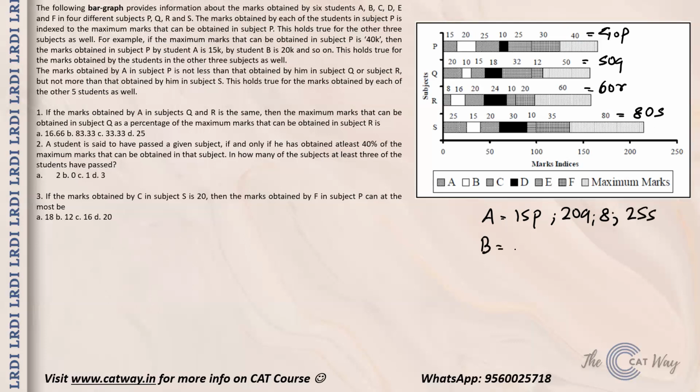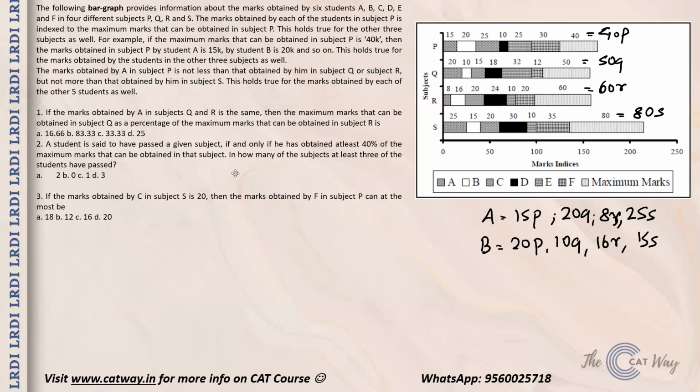Similarly for B, you have 20P, 10Q, 16R, and 15S. So these are supposedly the scores of the 6 people.